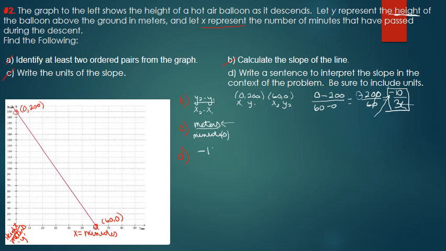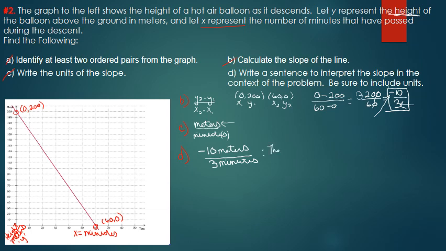I have -10 on the top for the slope, and it's meters, which comes from the units in part C. And then I have 3, which is the slope, and then the minutes, which comes from the units in part C. All right, so now I'm going to write out my sentence.